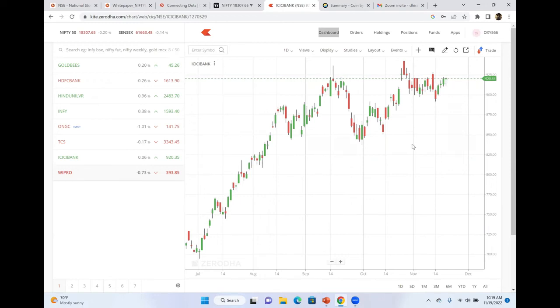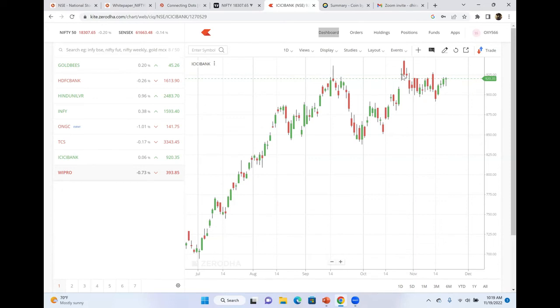So let me look at a body. As you can see, there are some wicks. So this is called the candle body and the wick. Wicks are just the thin lines. And as you can see, some of these candles have a wick on both sides, upper and lower. Like this particular candle where my cursor is right now, you can see the upper wick and the lower wick, and a very small body.